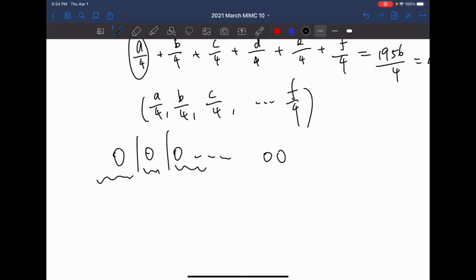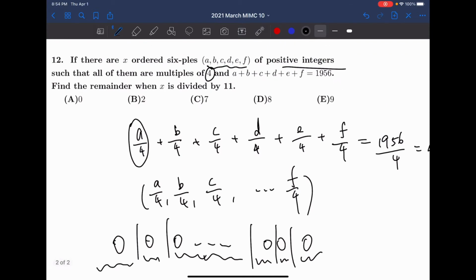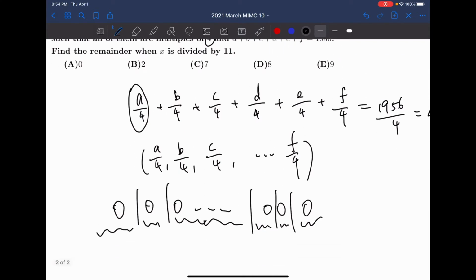Not 3 bars, my bad, that's 5 bars. So each portion indicates that over 4. It is an ordered tuple, so we don't have to divide by 6 factorial at the end.